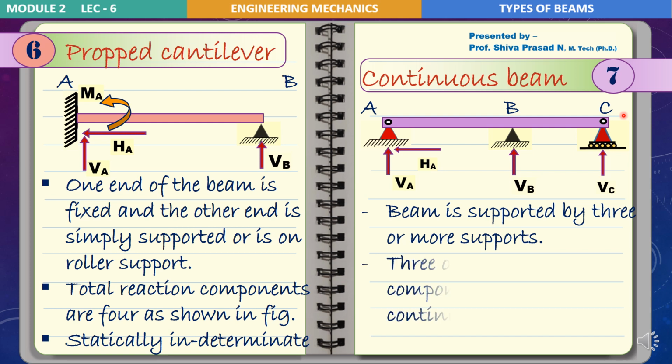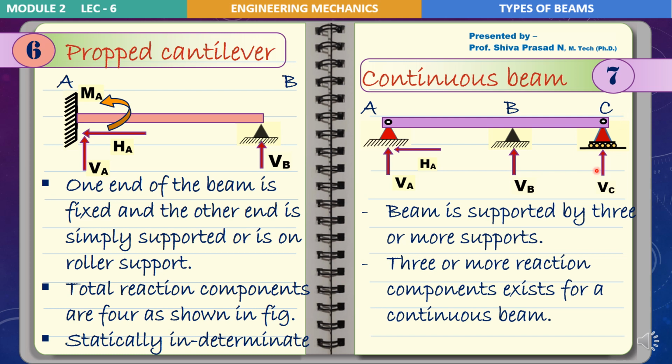Next, 3 or more reaction components exist for a continuous beam. In the example we considered, a combination of hinged support, simple support and roller support, we got 4 unknown reaction components.